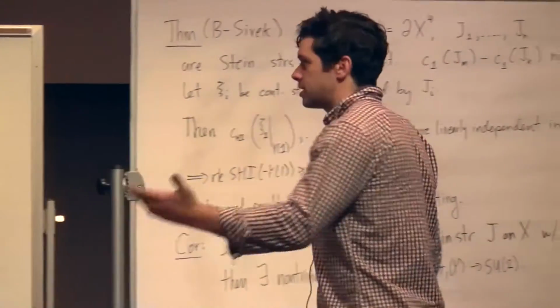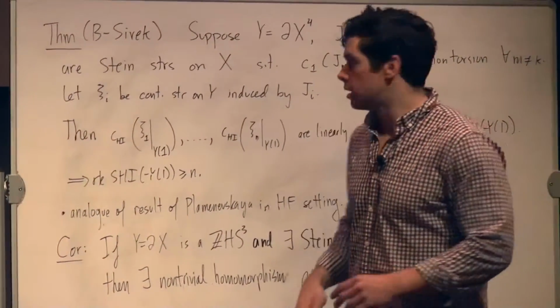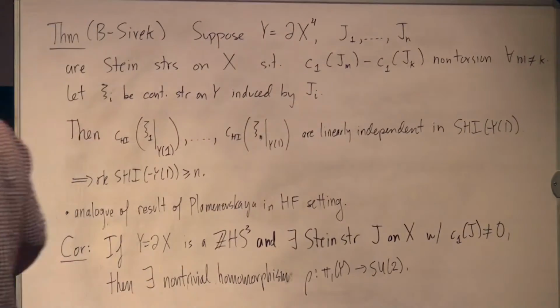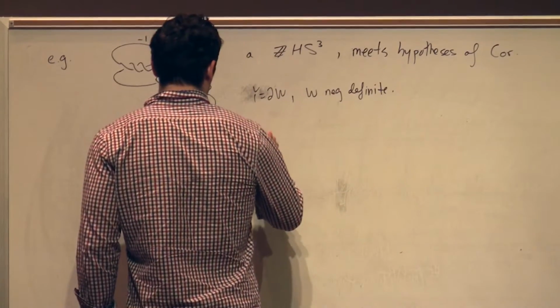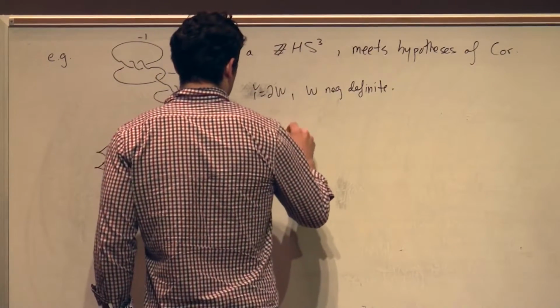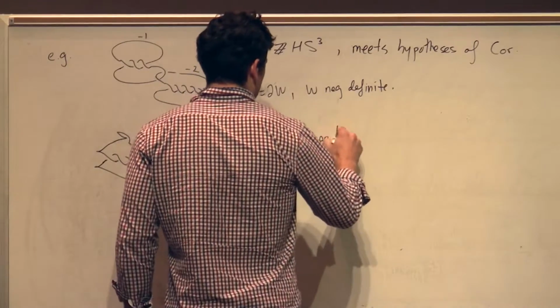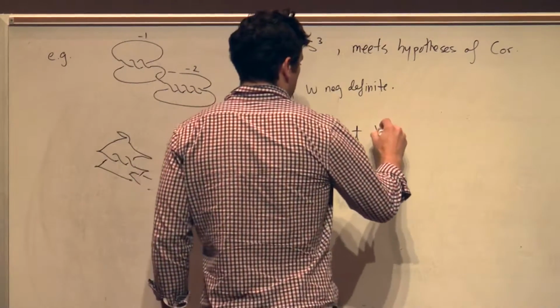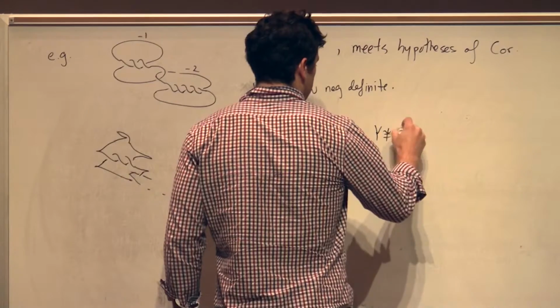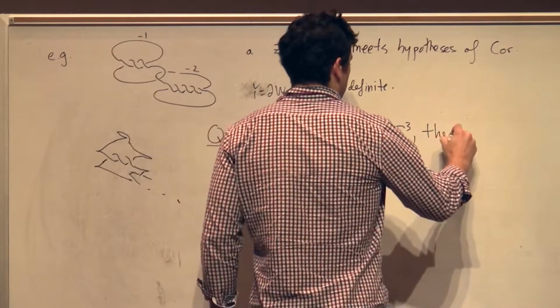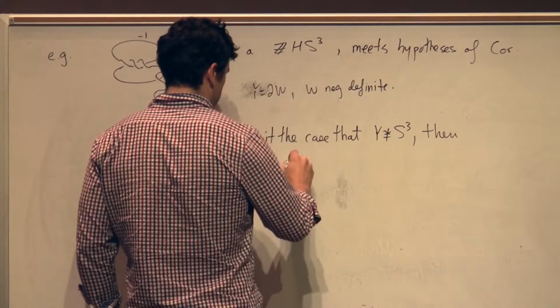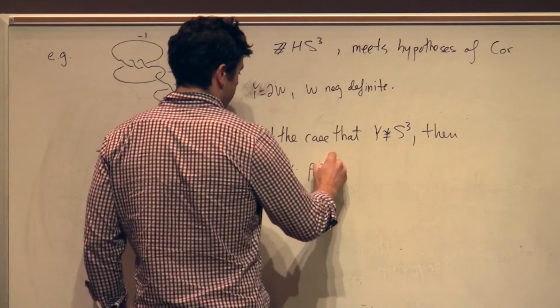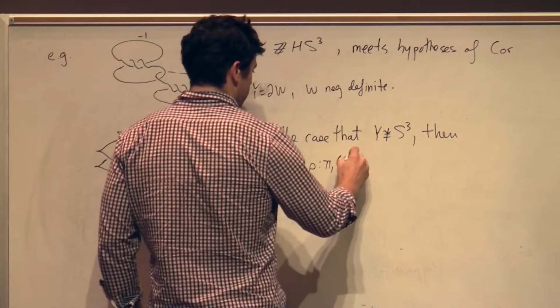So yeah, actually that brings me to my next question. In light of this corollary, you can ask: is it the case that if Y is not S^3, then there always exists a non-trivial homomorphism from pi_1 to SU(2)?